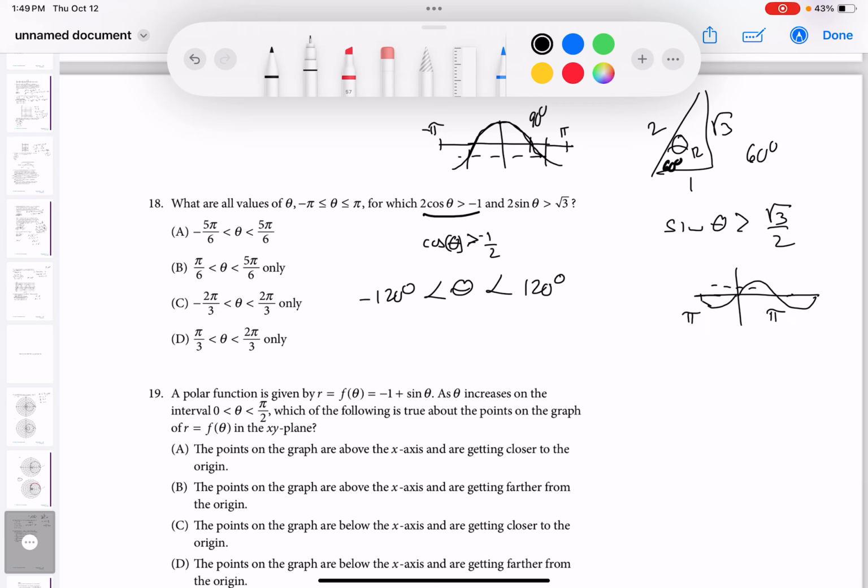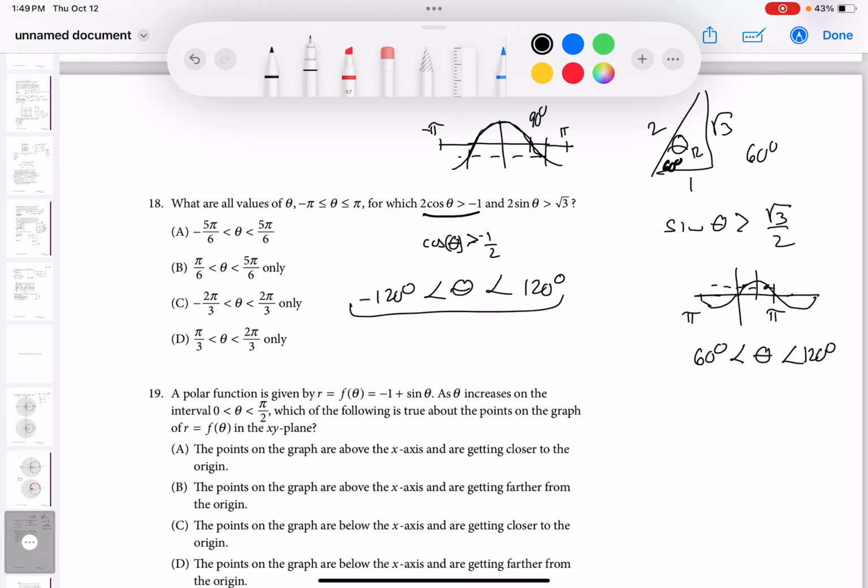The theta for that is going to be 60 degrees. That's the reference. Then it's going to go between 90 and 180 with the reference of 60, which would be 120 degrees.